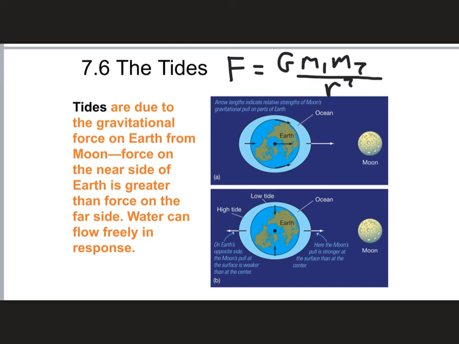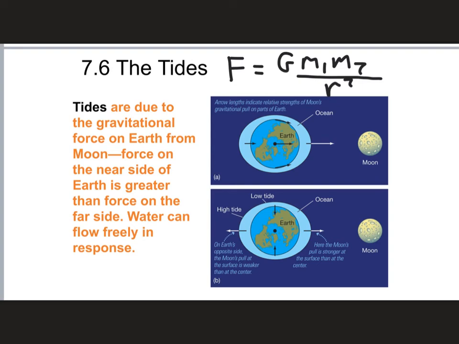But this will get you the basic idea of what's going on. In order to understand that, we have to look at this idea that we're dividing by the square of the distance. What that means is that the further away the masses are, the weaker the gravity is. Or conversely, the closer you are, the stronger the gravity is.